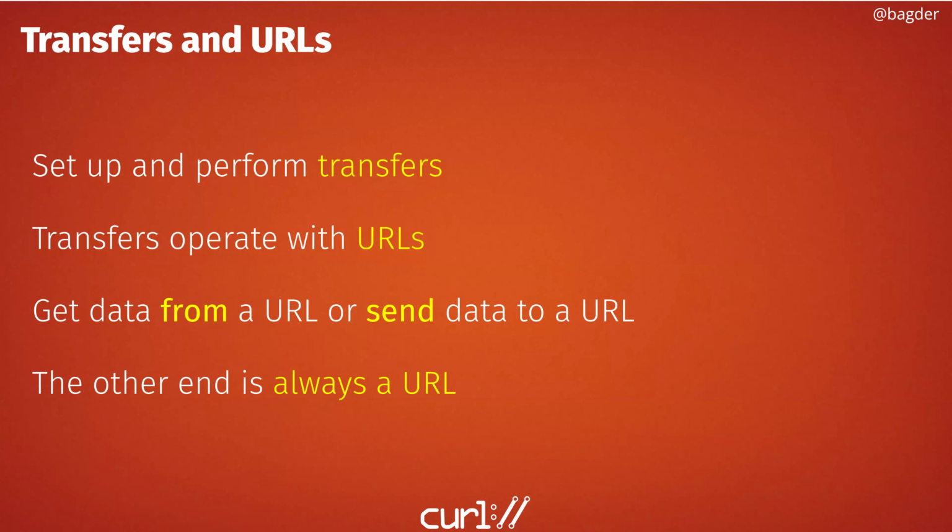The other end, the one you're sending data to or getting data from, is always a URL. That's the URL in the name, right? The curl name, that's the URL part. It's always a URL. That's the only mandatory option for a transfer. You need to specify the other end. The other end is always a URL.